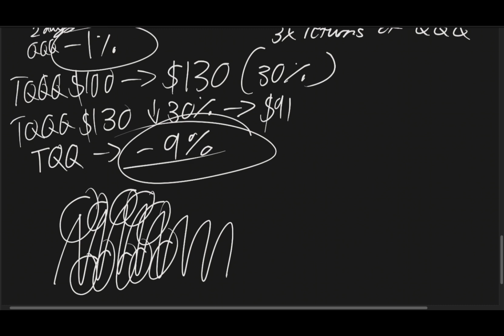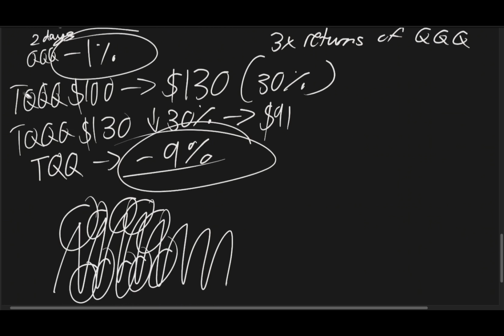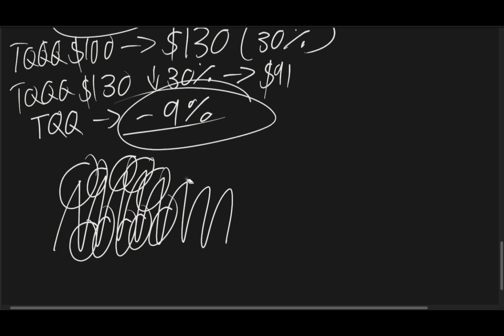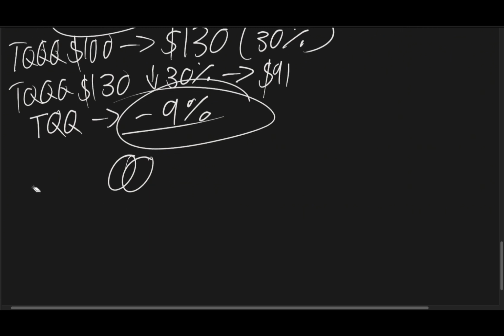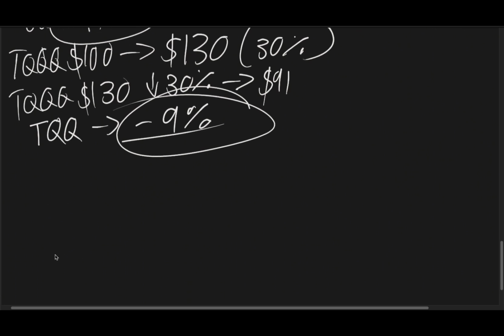With this exact scenario, QQQ only dropped 1% over this up 10%, down 10% movement, and when we go to TQQQ, it still uses the same type of movement, but it makes our returns less, down to negative 9%. Leverage ETFs are good in a market that has a direction.